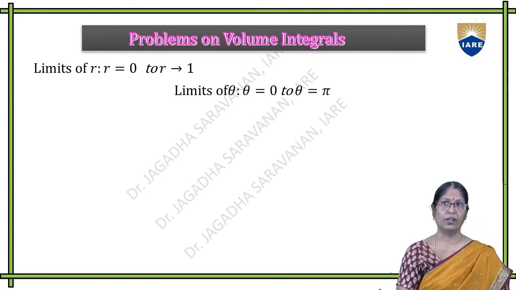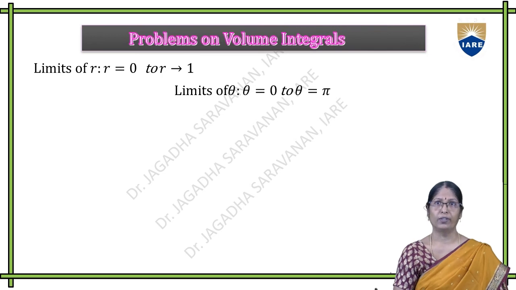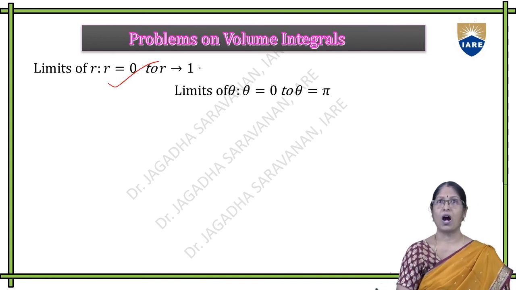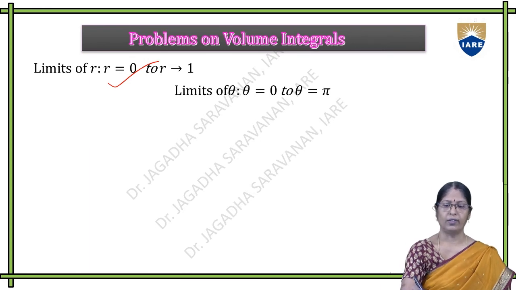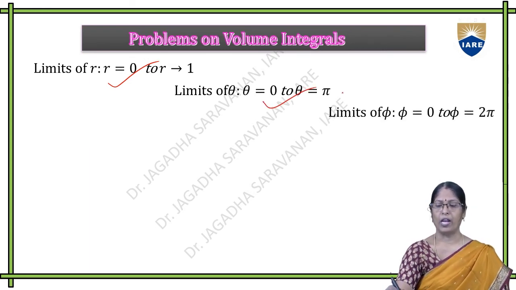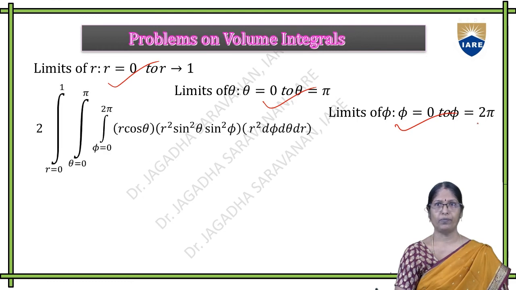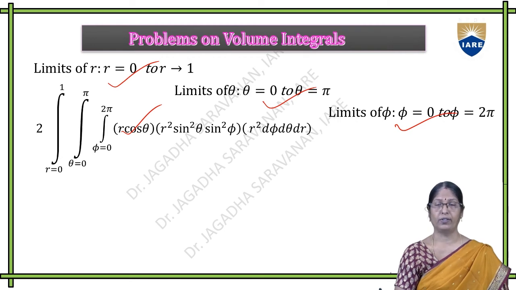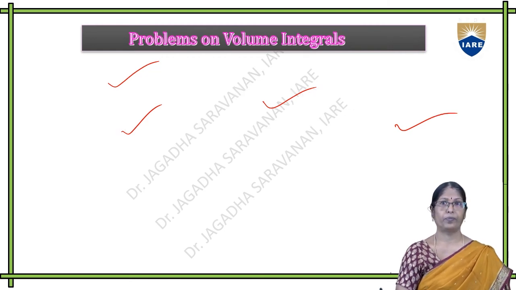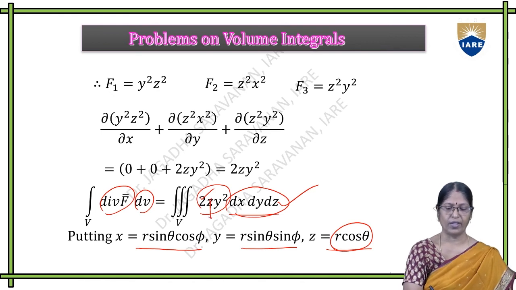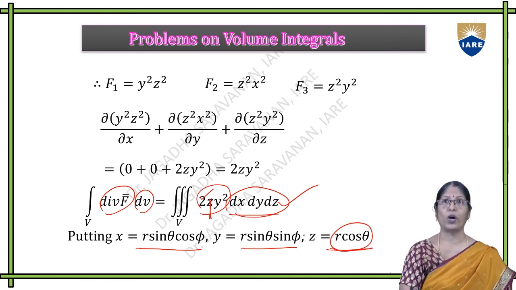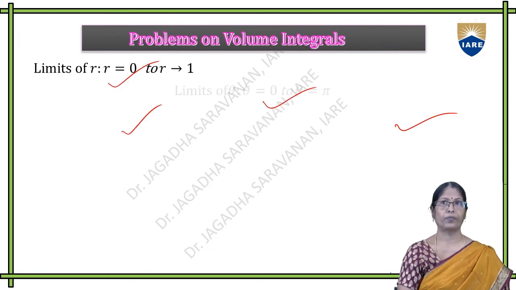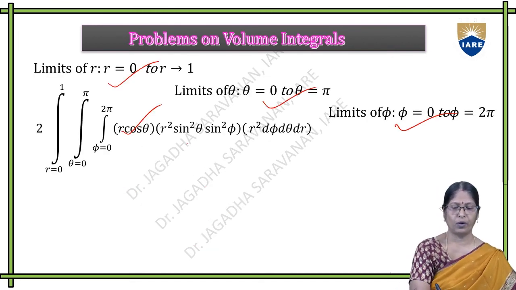Before that, we can see the limits of this sphere: r from 0 to 1, theta from 0 to pi, and phi from 0 to 2 pi, which we just discussed. Here z is replaced by this, y square is replaced by squaring of this term, and this is the Jacobian.